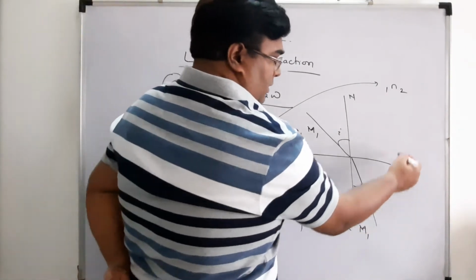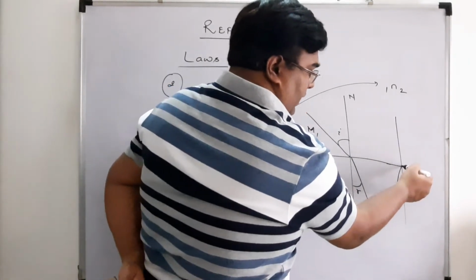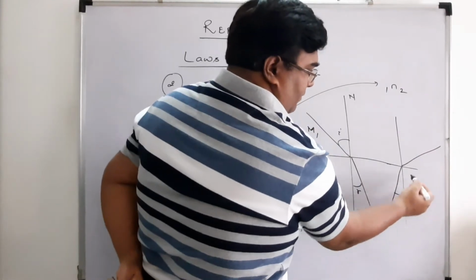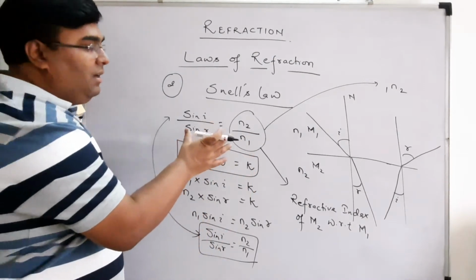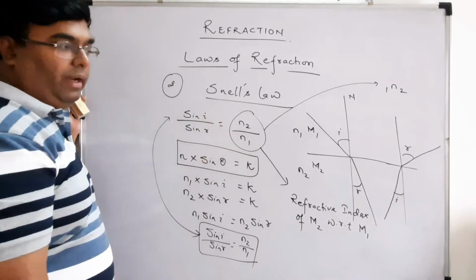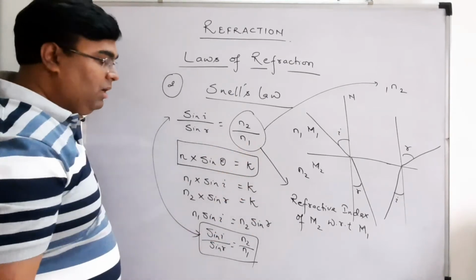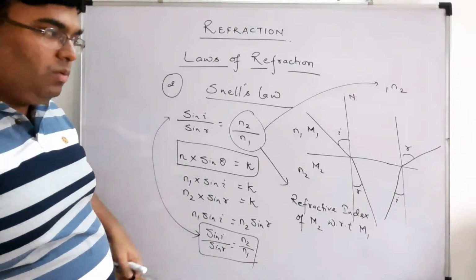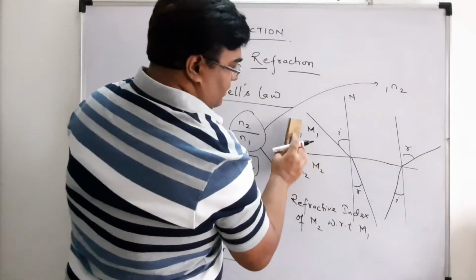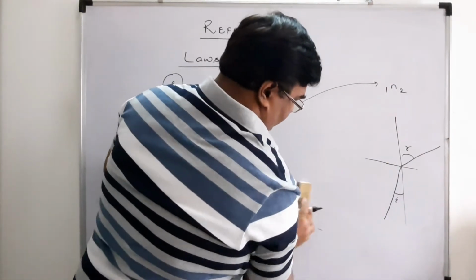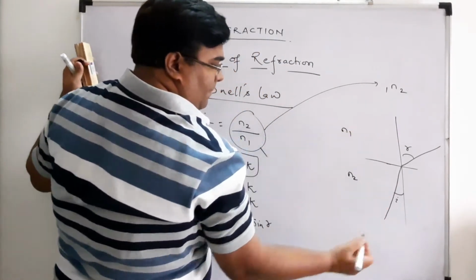Now suppose the ray is coming from the denser medium and it is moving away, this is my I, this is my R. Okay, in this case students get confused with this formula, right? Because it says refractive index of medium 2 with respect to medium 1, but if we follow this rule, here we can write this, this is my N2, this is my N1.